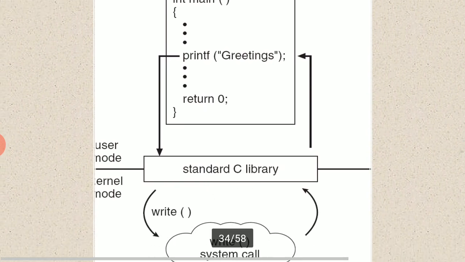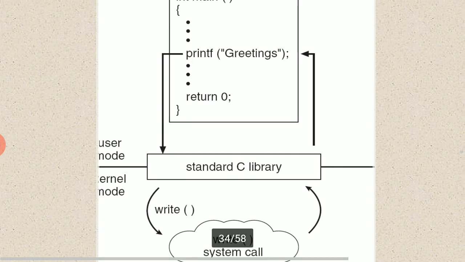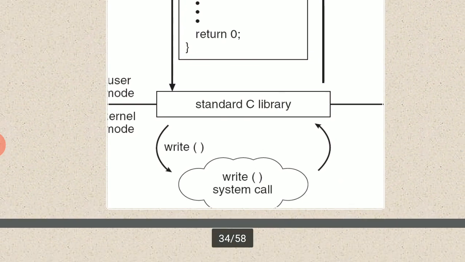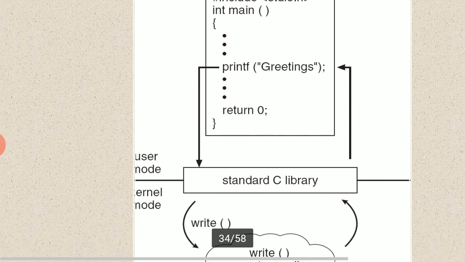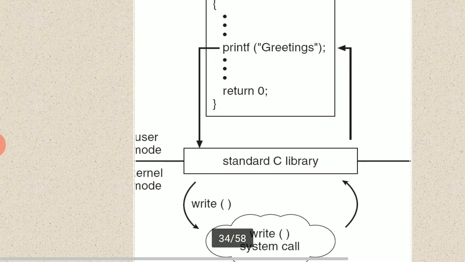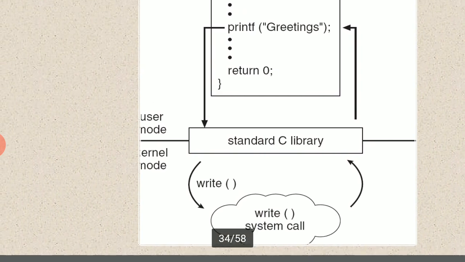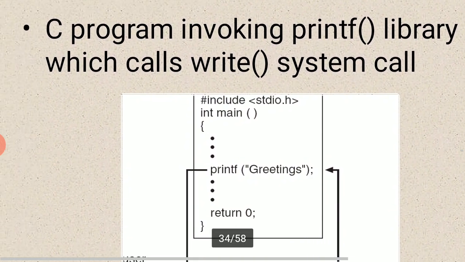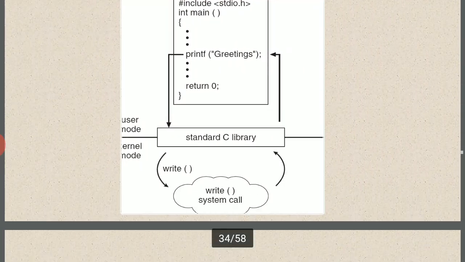So printf is the standard C library function, and it calls the write system call, moving between user mode and kernel mode.